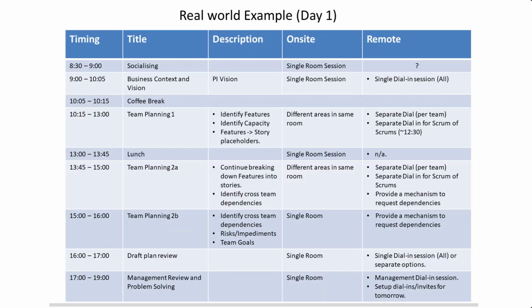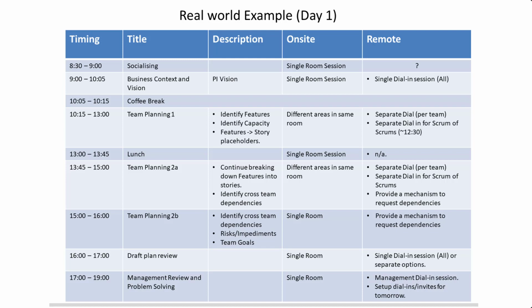Okay, here you've got a real world example that I've taken from an actual PI planning that I was running a few years ago. It's a similar type of structure that I still like to use. As a general principle, what you see is I try to keep tighter time boxes for the planning and split it out so they've got clear objectives that need to be met in each of the different sessions as well, which I find can be quite useful.